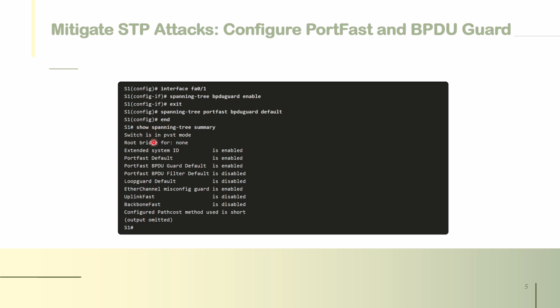And then with show spanning-tree summary, as you can see, we have the information. PortFast default means that it is enabled globally. Again, PortFast BPDU Guard default is enabled, which means that it is enabled globally.